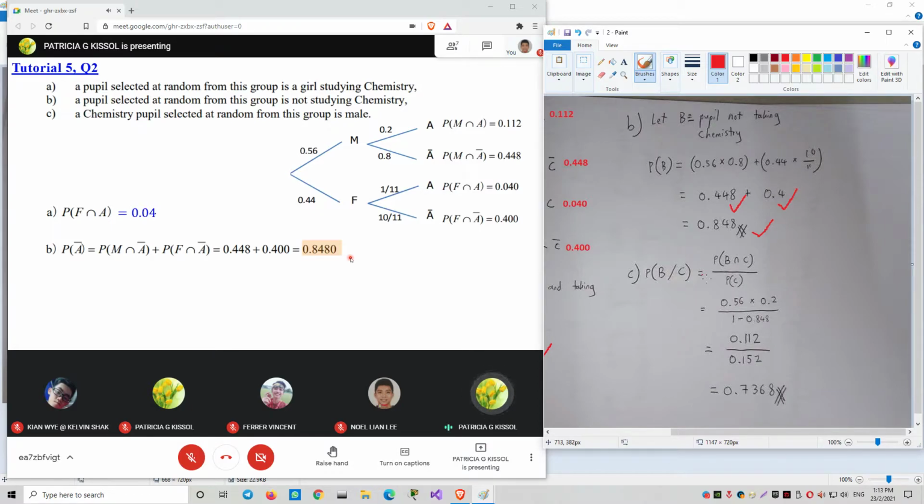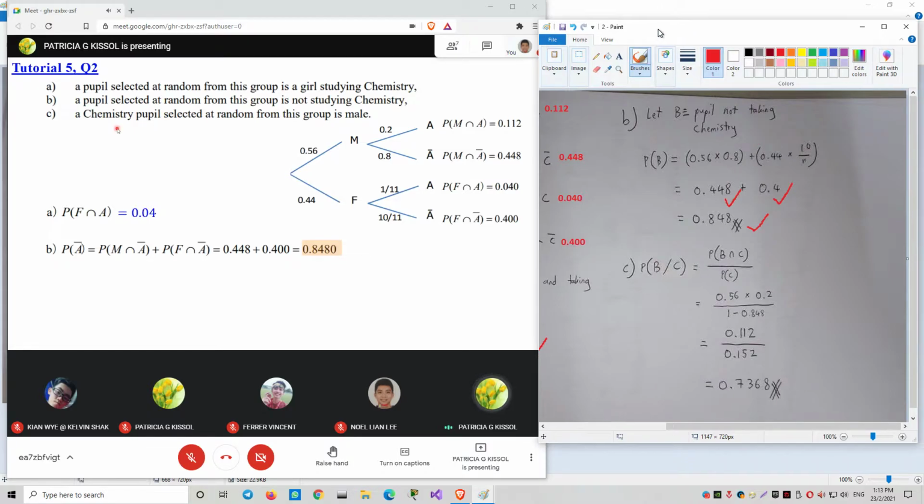The next question is, a chemistry pupil, chemistry student, selected at random from this group is a male. Basically, we do not actually want to find the chemistry student.